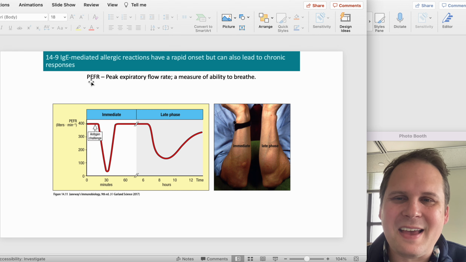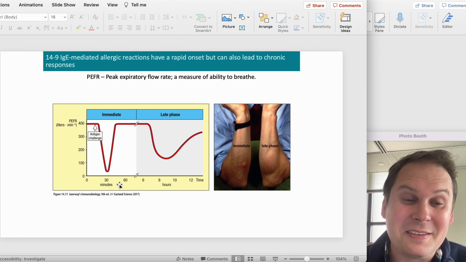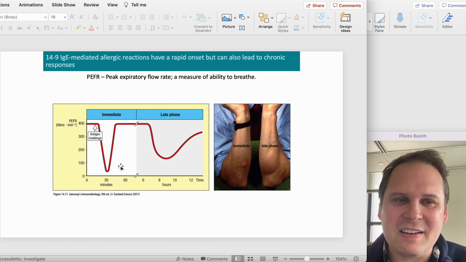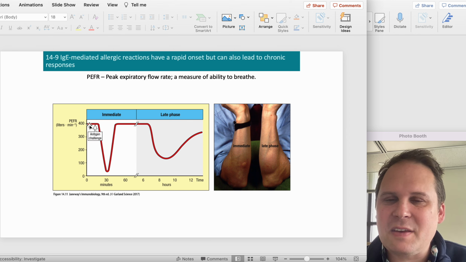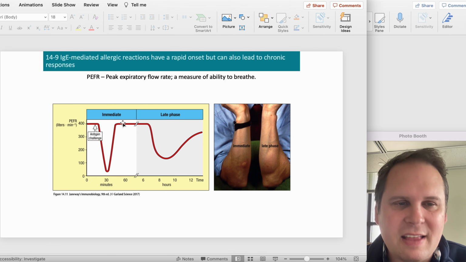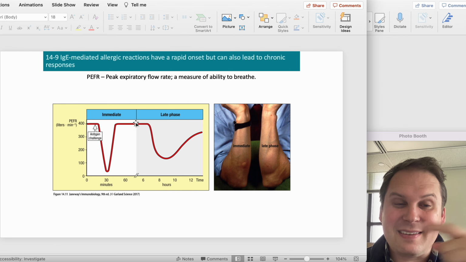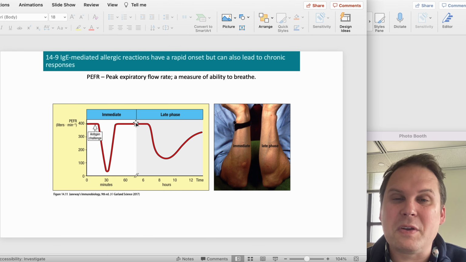And a decrease in that means inability to breathe. It gets hard to breathe, which is actually fairly terrible. And so you'll have an immediate constriction, and that's going to be an acute asthma attack.